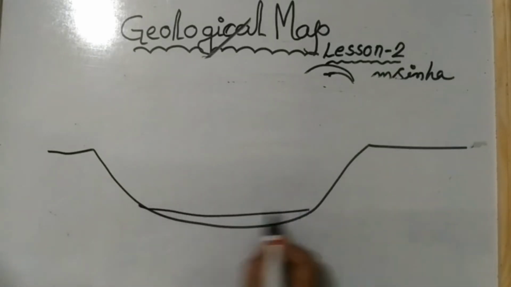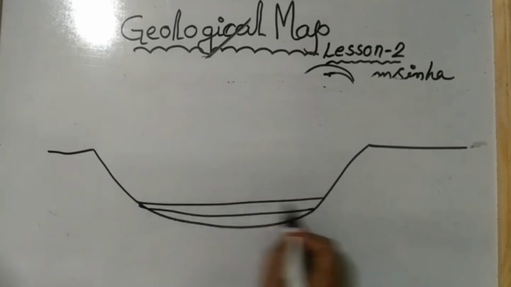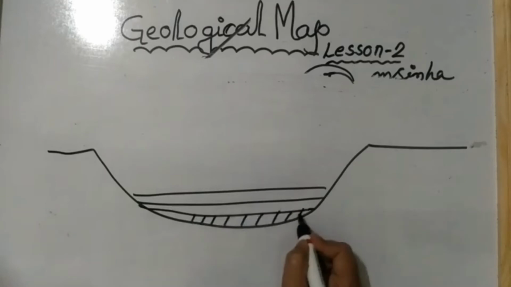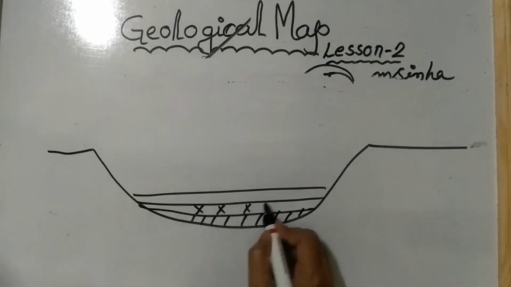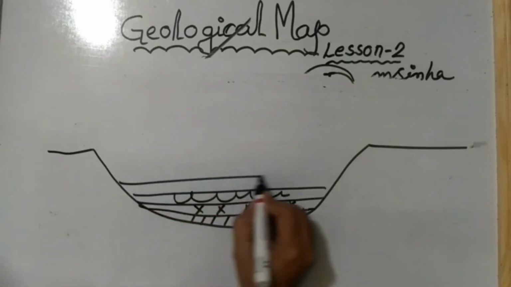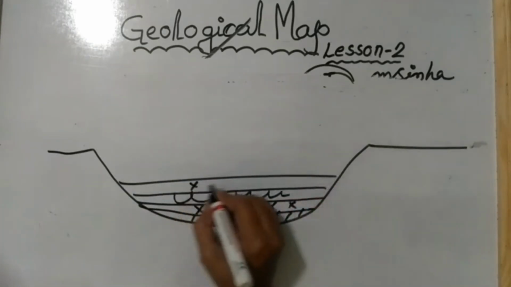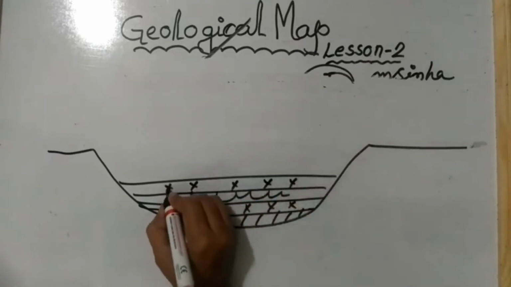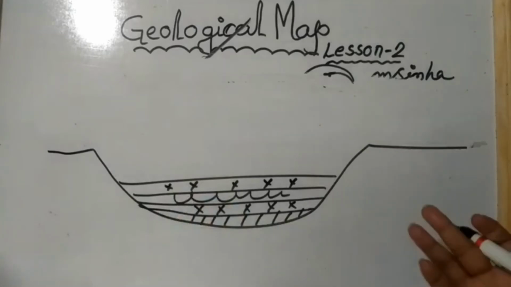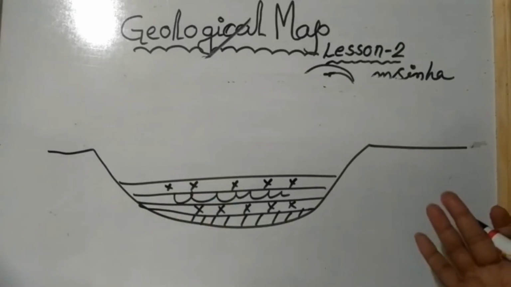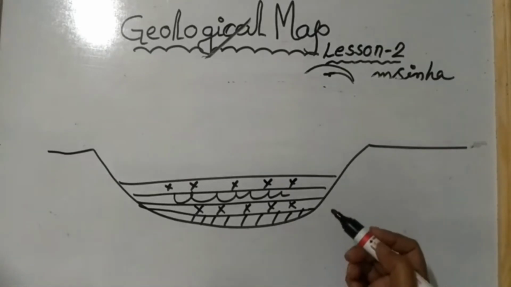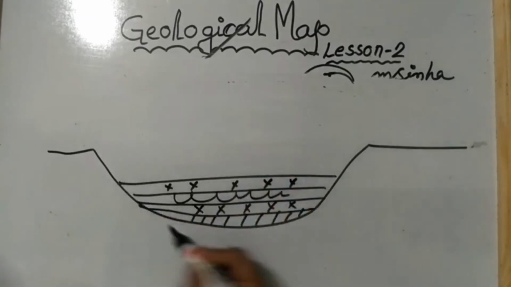Suppose beds are deposited by riverine and marine erosion, then these beds are deposited, then that one, and so on. After the deposition of this bed, there are changes in earth tectonic activities. Then the pattern of deposition has changed, and another layer of deposition started, but not horizontally.